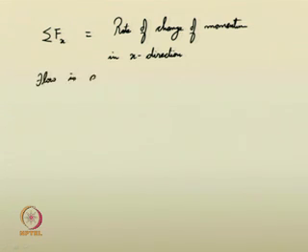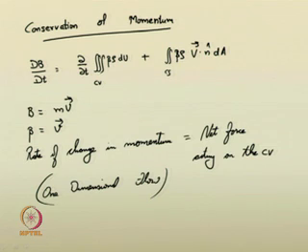Flow is steady. So, if the flow is steady, what does that mean? This particular portion of the equation vanishes.